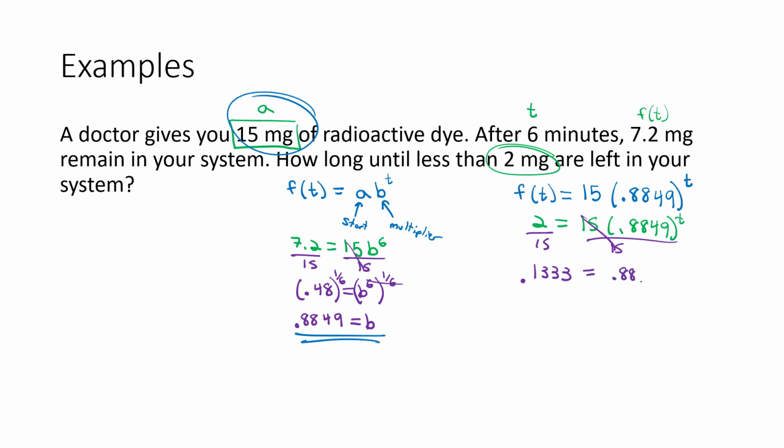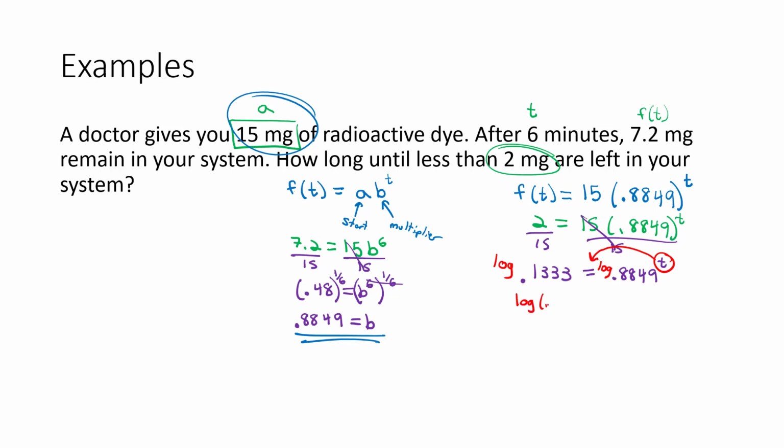equals 0.8849, all to the t power. Now we're ready to take the log of both sides to get that t out of the exponent and in front of the log.